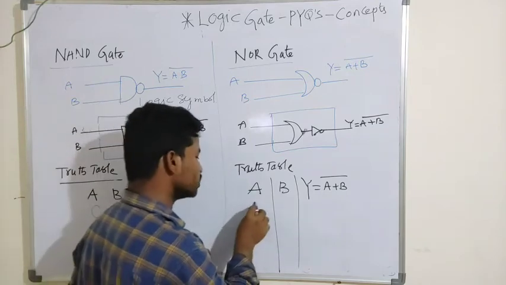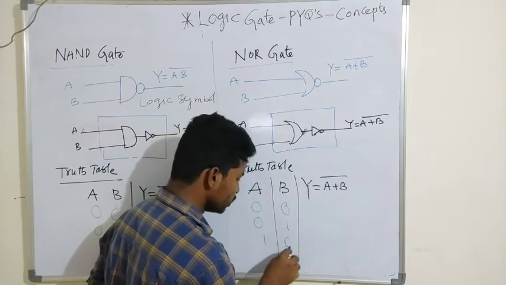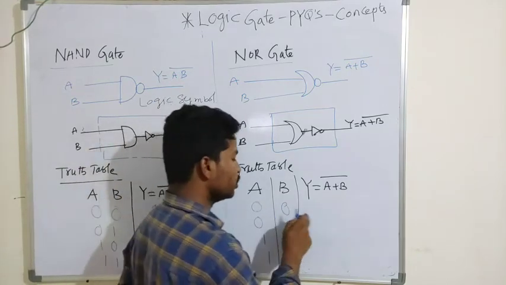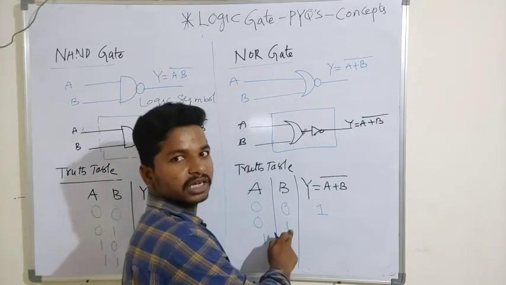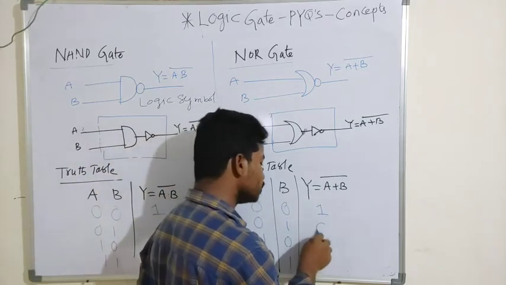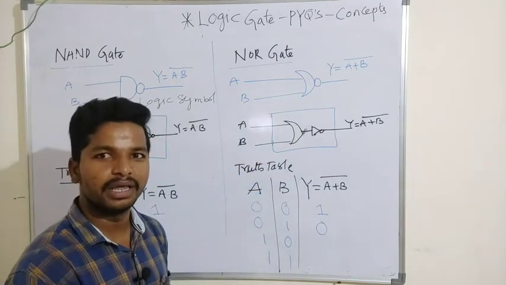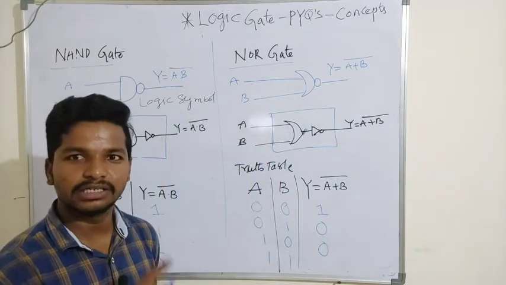Let's come to the NOR gate: 0 0, 0 1, 1 0, 1 1. 0 plus 0 is 0, so 0's complement is 1. 0 plus 1 is 1, and 1's complement is 0. 1 plus 0 is 1, and 1's complement is 0. 1 plus 1 is 1 in Boolean addition, and its complement is 0.